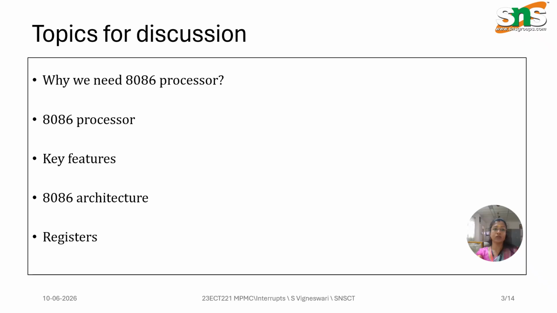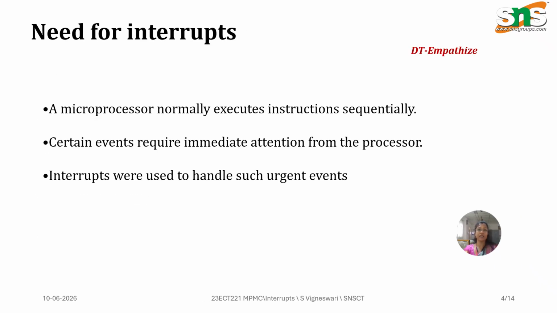First, let us look at the need for 8086 processor interrupts. As we said previously, consider a computer connected to a keyboard, printer and various sensors, and these devices need attention at every moment.